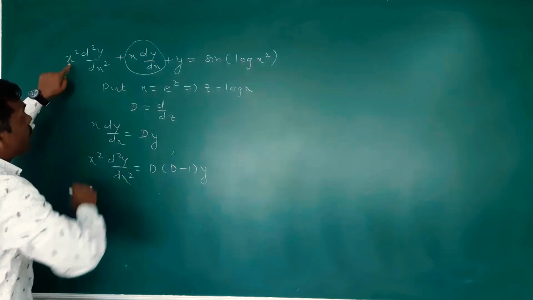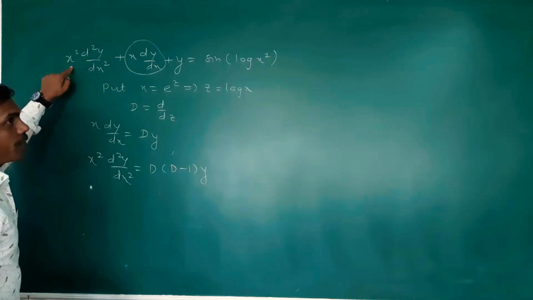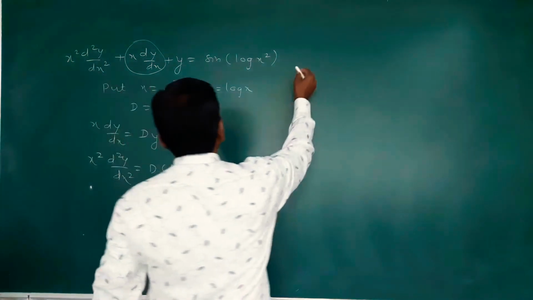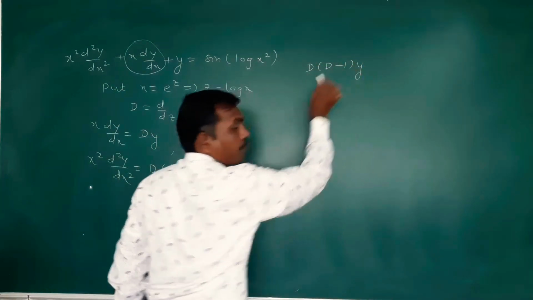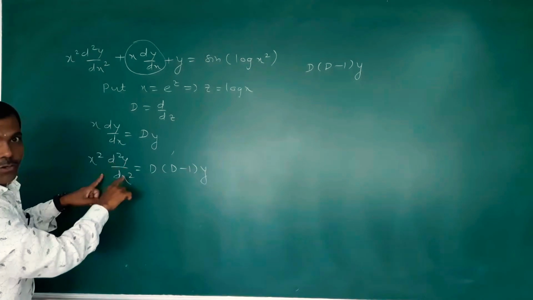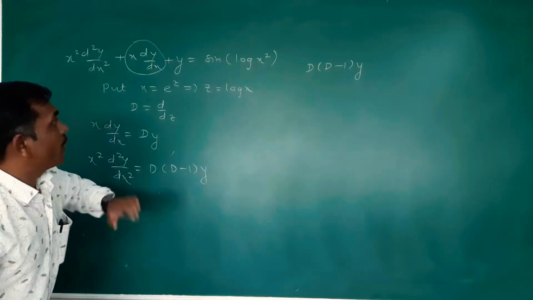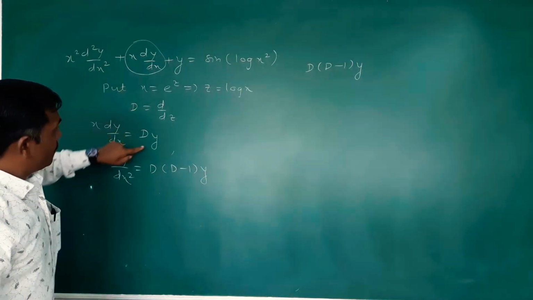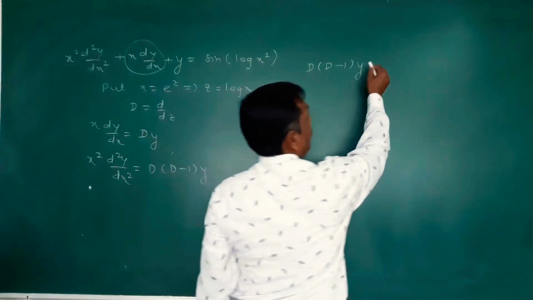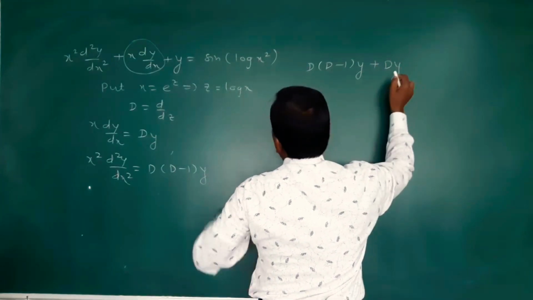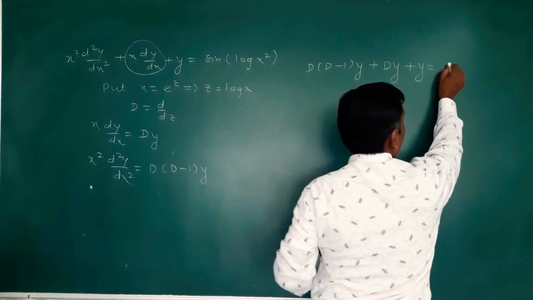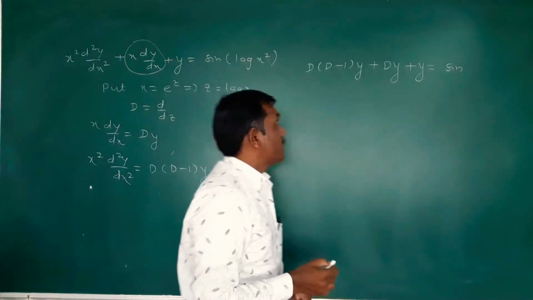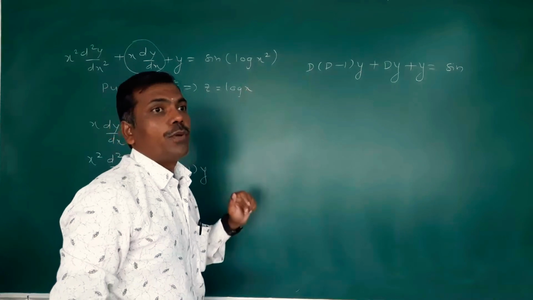Substitute these values in the given equation. So it becomes D minus 1 y, this value x square d2y by dx square, then second one is plus Dy plus y is equal to sine of log of x square.